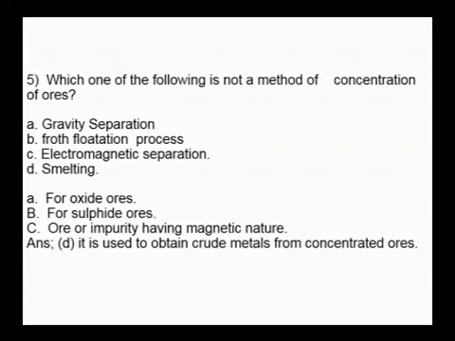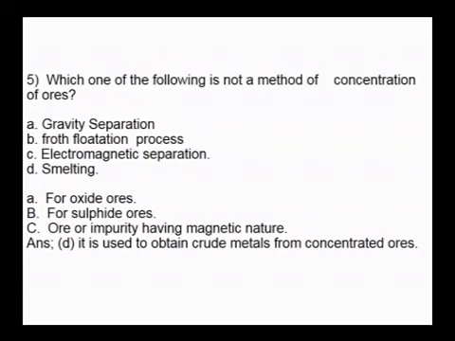Now let us see the second one. Froth flotation method is used for the concentration of sulfide ores. This is also based on the difference in the wettability of ore particles and the gangue particles with oil and water. The next one is electromagnetic separation.